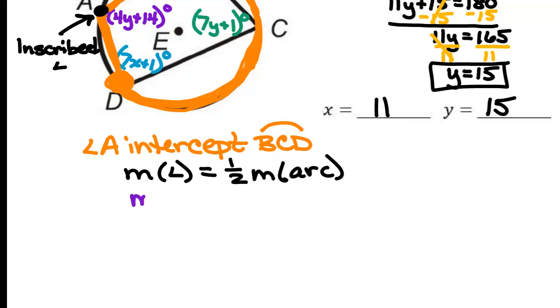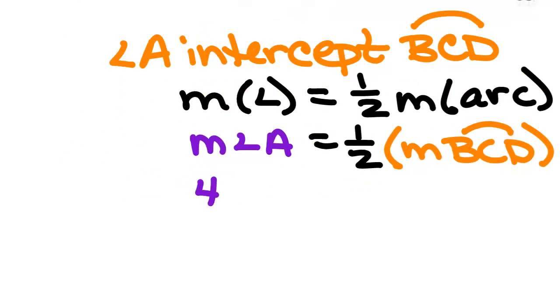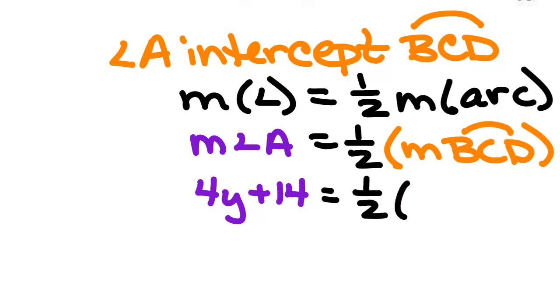So we have measurement of angle A is equal to 1/2 the measurement of arc BCD. How big is angle A? 4y plus 14 is equal to 1/2 arc BCD.